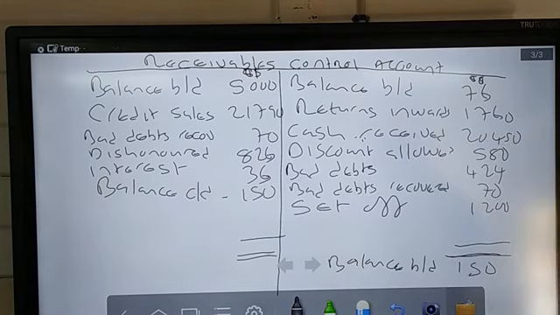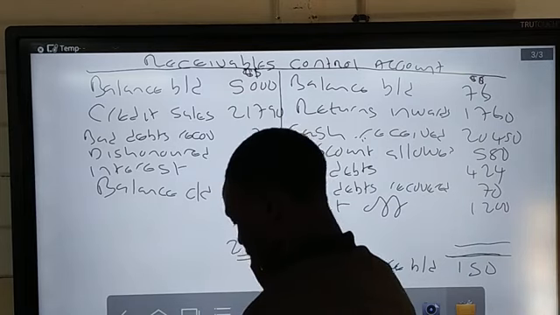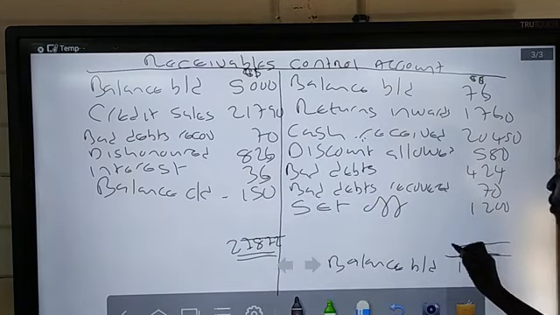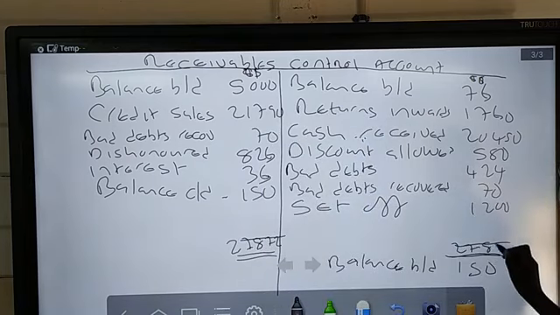So normally the debit will be greater than the credit. If I add the totals, I get a total of 27872. Then I put it on both sides.